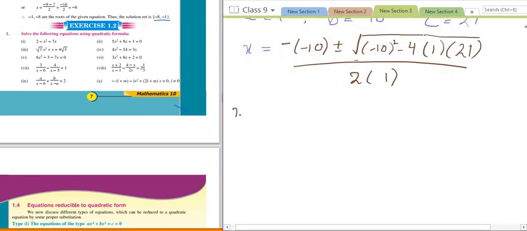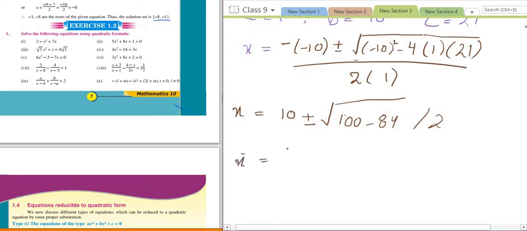Now it becomes x equals 10 plus minus square root of 10 square is 100, 4 multiplied by 21 is 84, and the denominator is 2. It becomes x equals 10 plus minus square root of 100 minus 84 is 16, and square root of 16 is 4, divided by 2.